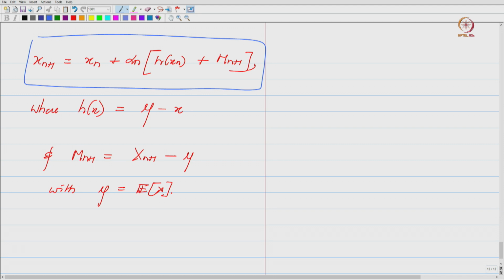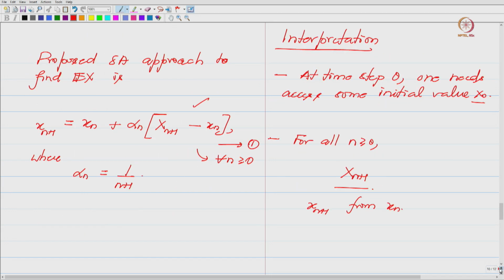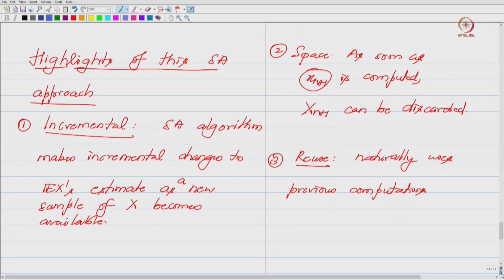And it is very easy to see that h(x_n) + M_{n+1} = mu - x_n + X_{n+1} - mu. This mu and this mu cancel off, and we are left with X_{n+1} - x_n, which is exactly what we had before in this square bracket over here.